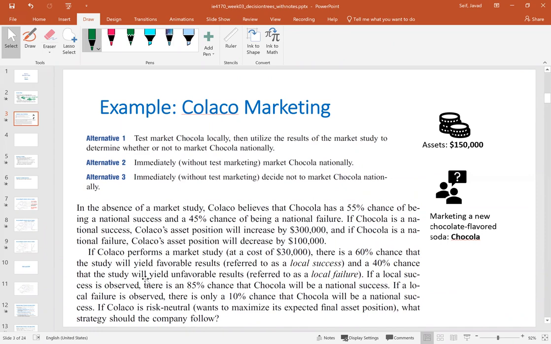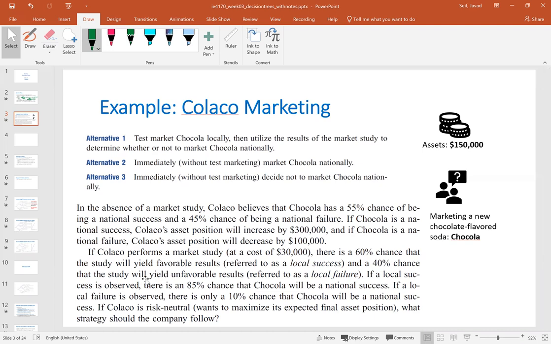If it's successful, then they can go national, right? Or if it's not successful, then they can choose not to market it further. Or it may be unsuccessful here in LA, but successful nationally. And there are some probabilities for each.